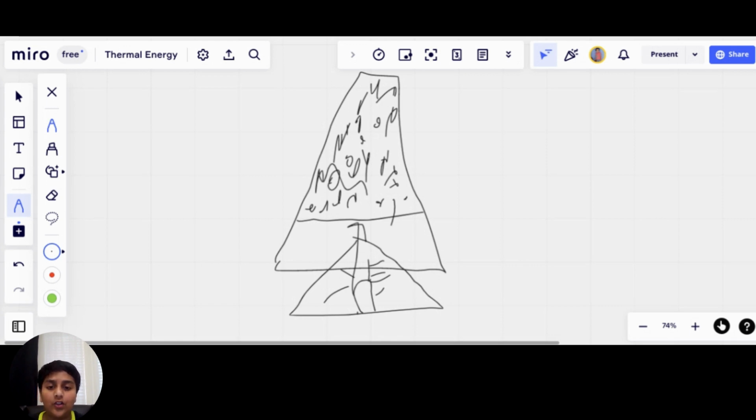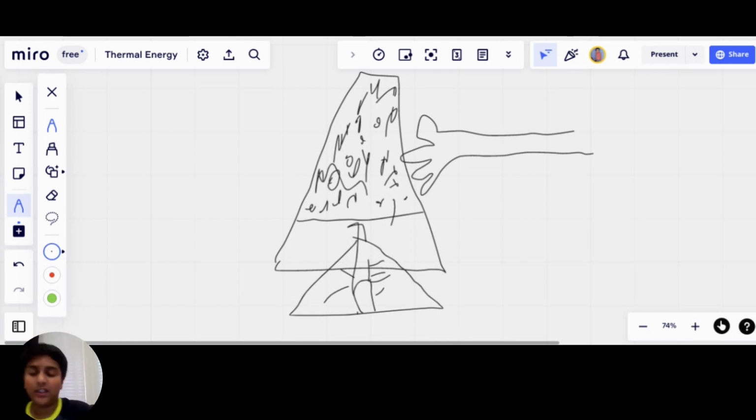That's radiation. Now, conduction is going to be like, let's say this is our human hand, and it's touching the lava lamp. That's conduction, because obviously it's producing heat. And convection is going to be throughout the lava lamp, because no matter where you touch, your hands are always going to feel heated.